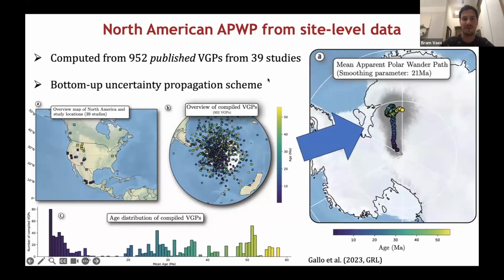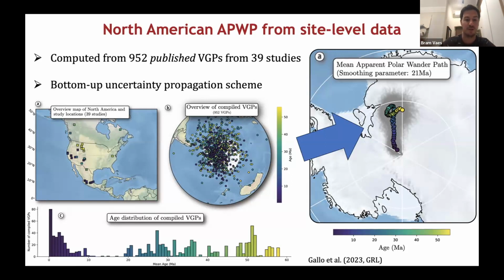But if you use a clever algorithm, then you can see that for North America, the pole position moves gradually away from, in this case, the South Geographic Pole, showing the plate motion of North America during the Cenozoic relative to the Earth's spin axis. And with this compilation of data on the site level, rather than the whole study mean level, we managed to compute an apparent polar wander path with a 1 million year resolution.